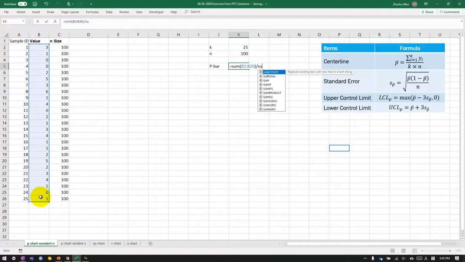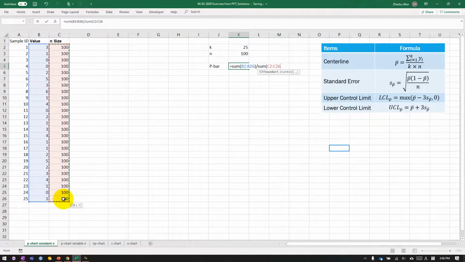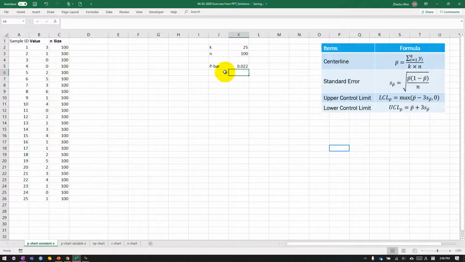And divided by the sum of all the samples. Okay, if you compare this formula with the math formula, it basically says the same thing, except that for the denominator, I'm just simply using the range instead of 100 multiplied by 25. Okay, so this is the average proportion of defects.